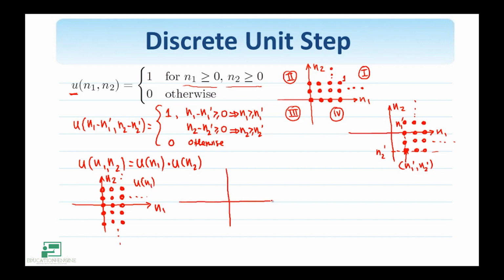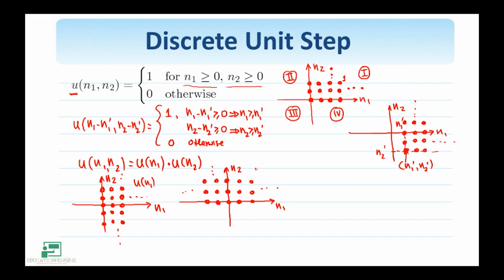u N2 is the signal that is 1 as long as N2 is non-negative, so it will look like this. So it extends this way, this way, this way to infinity.